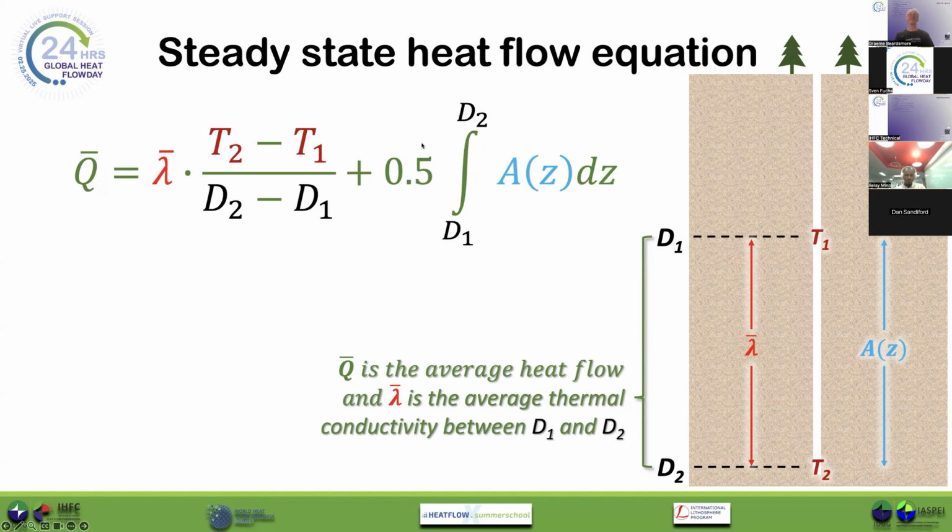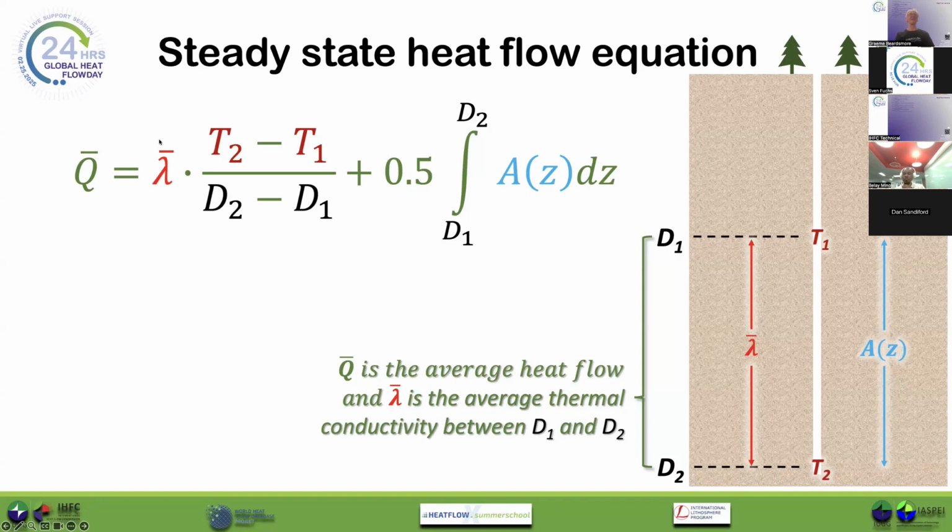So if we put all those terms together, then the heat flow is equal to the average thermal conductivity times the temperature gradient over the same depth interval, plus half of the cumulative input of internal heat being generated within that volume of rock over that same depth interval.